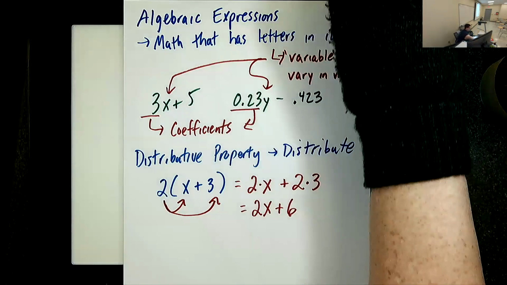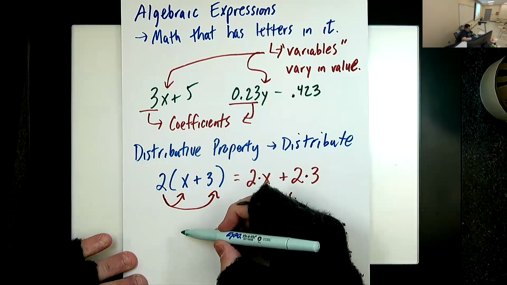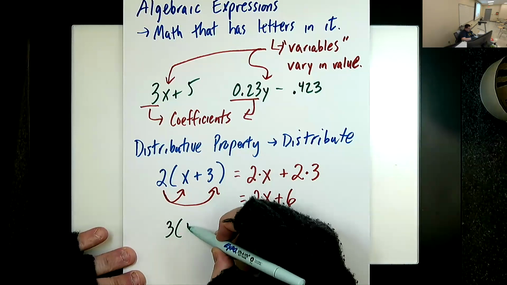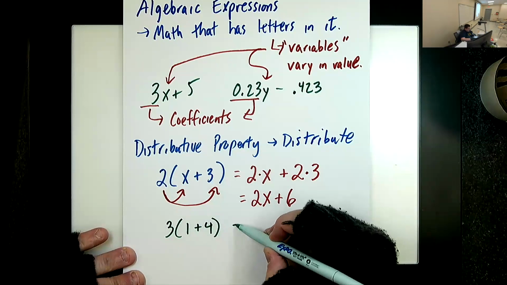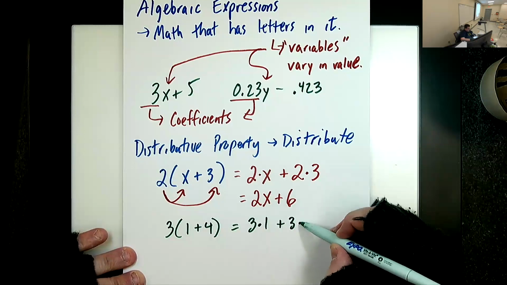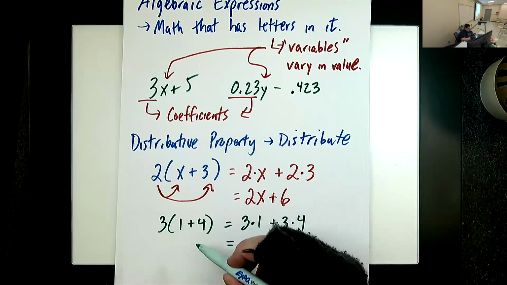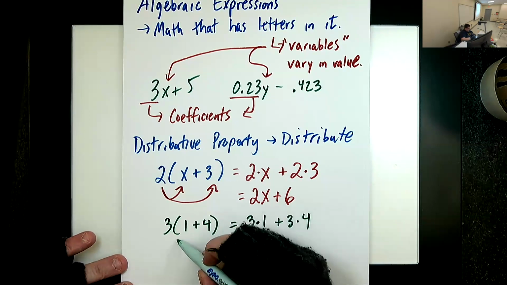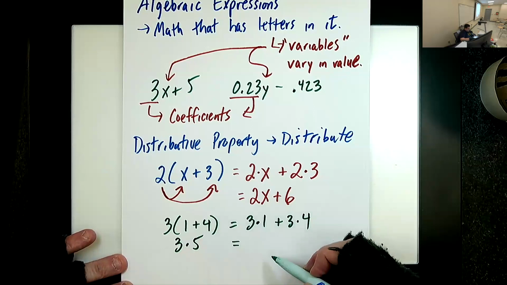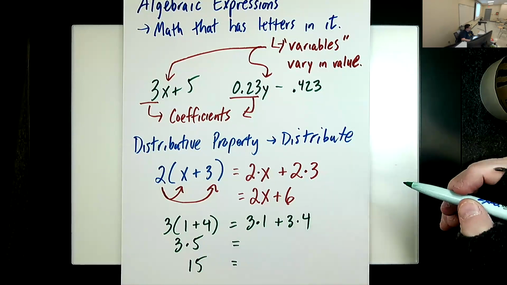But just to show you that it kind of works, this isn't like a proof or anything like that. If you looked at 3 times 1 plus 4, and we distributed here, we had 3 times 1 plus 3 times 4. On the left side, we could do our order of operations, and 1 plus 4 is 5. And we have 3 times 5, and 3 times 5 equals 15.